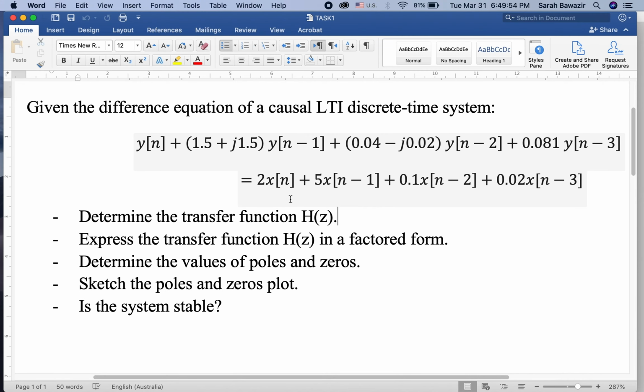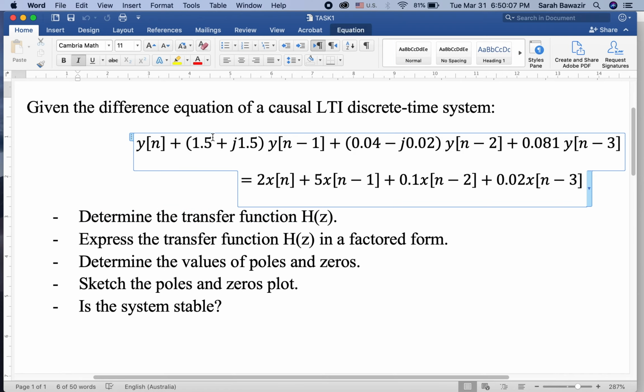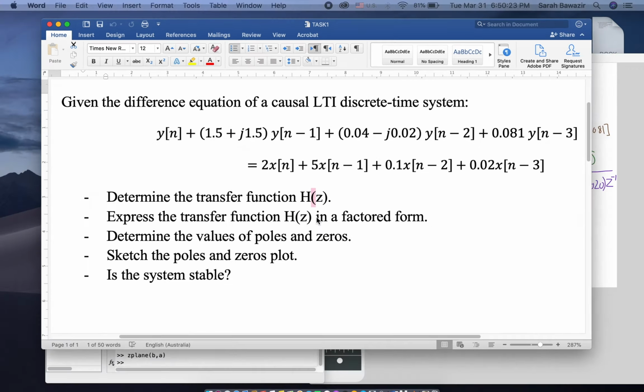So to summarize, we had the difference equation. We wanted to get the transfer function. What we did is we got the z transform of the left-hand side and the right-hand side, and then we rearranged for Y(z) and X(z) to get H(z).